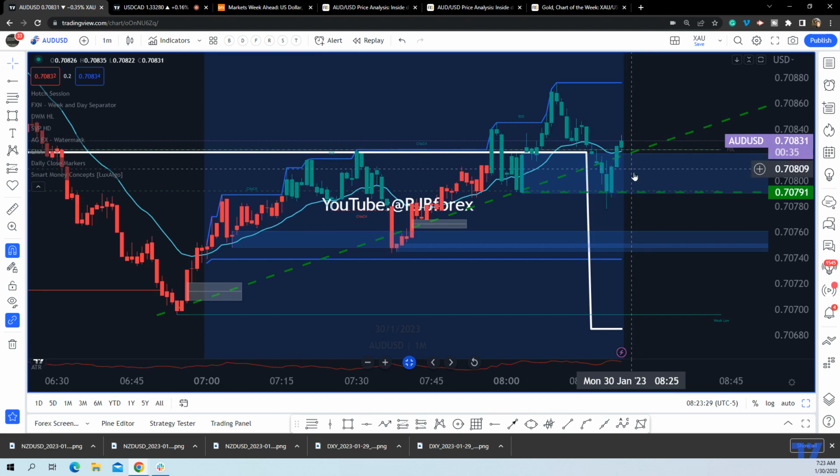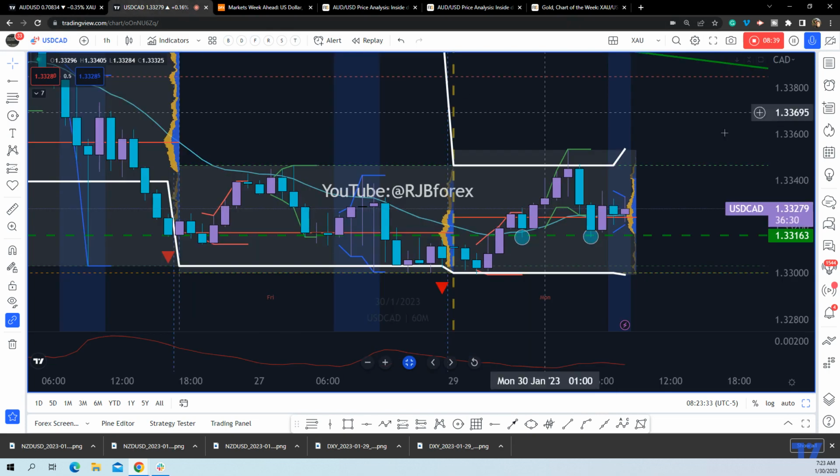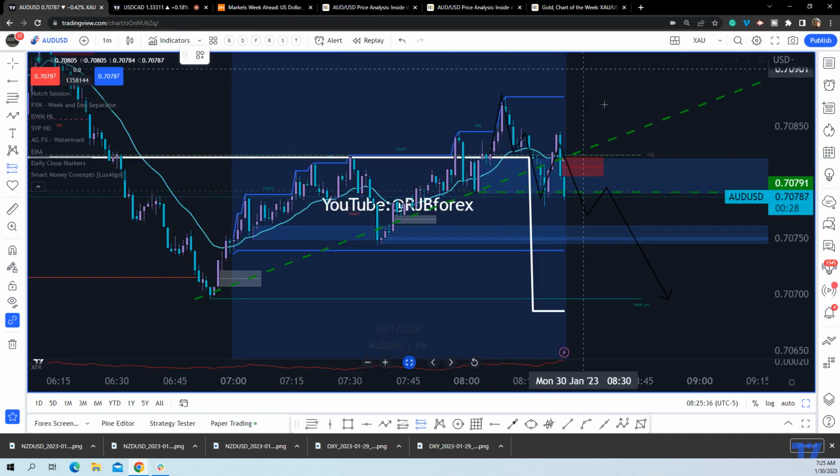If we get a 3-line strike on this, it would be pretty impressive for a short. There it is.